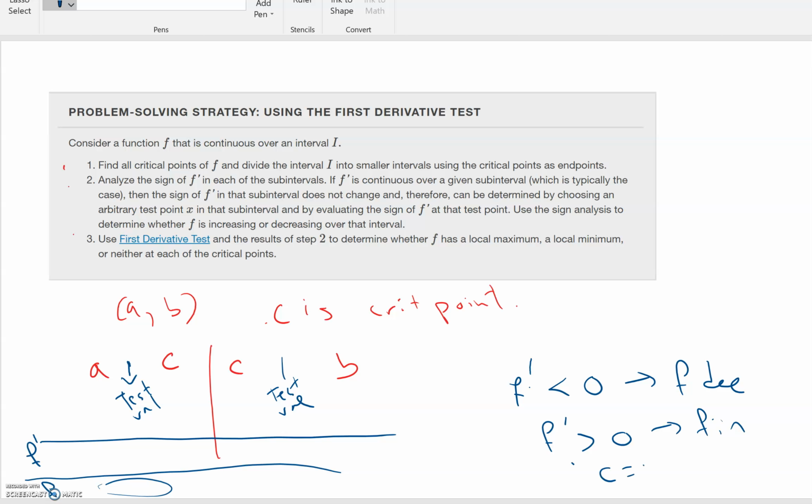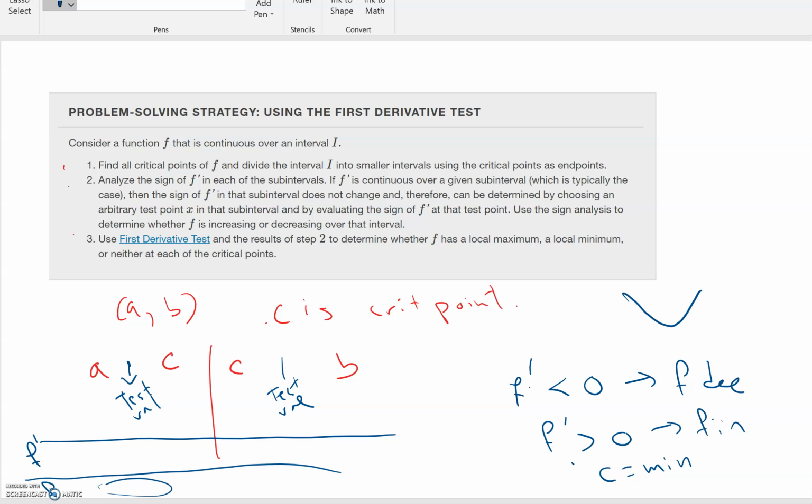So c would be a minimum, because you'd be going down and then back up. And similarly for a maximum, if you go from positive to negative in the derivative, then you're going from increasing to decreasing in the function, and therefore you pass through a maximum. And the final scenario is when it doesn't change sign. If you don't change sign, then you don't have a minimum or a maximum.